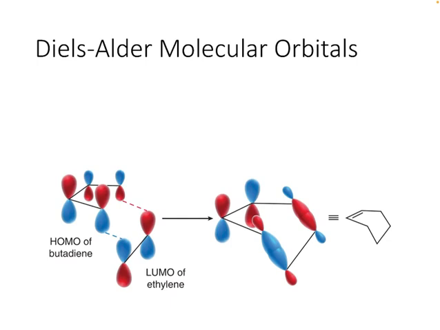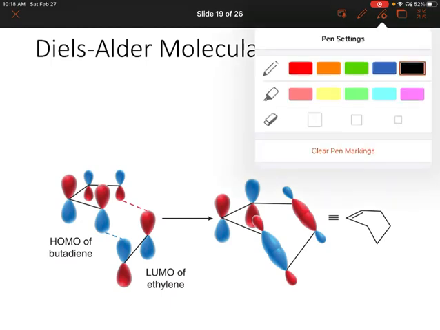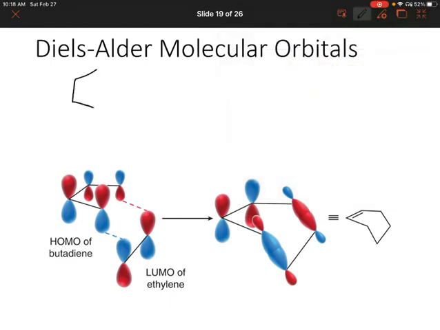So, for instance, let's say we're reacting 1,3-butadiene in the cis configuration with just a simple alkene there. So we have p orbitals on each of these carbons here. And then there's p orbitals on our alkene as well. And remember that p orbitals have a blue side and a red side, so the lobes are slightly different.